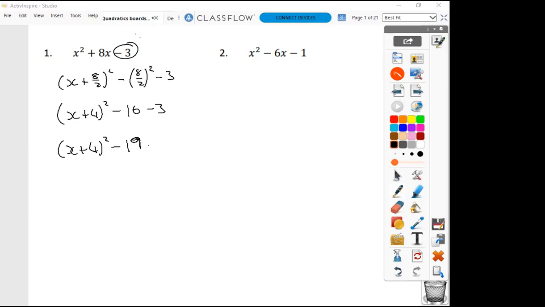What it's for is to allow us to find the turning point of the quadratic.